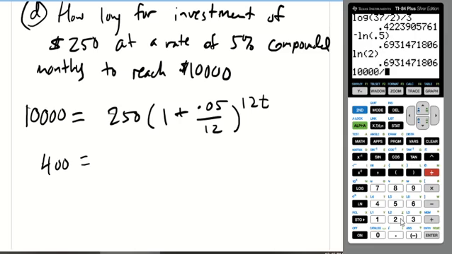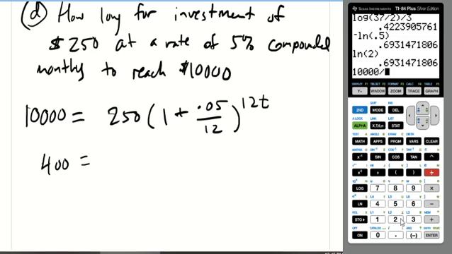So I'm solving 40 is equal to whatever this number is to the 12t. So I take logs with whatever that base is, both sides. Log base 1 plus yada yada yada, both sides.